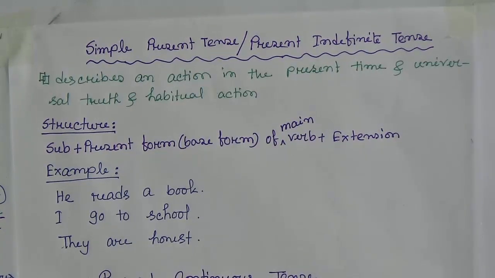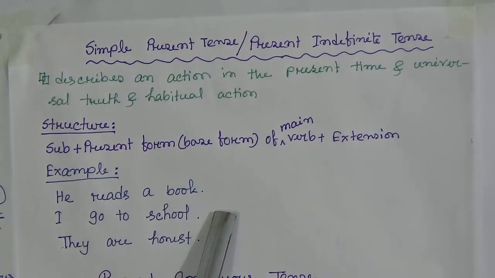Now example. He reads a book. Just look here, he is the subject. The present form or base form of the main verb is reads. As he is a third person singular number and this is a present indefinite tense, that's why we have to add s here.